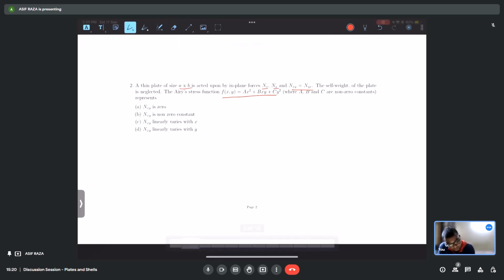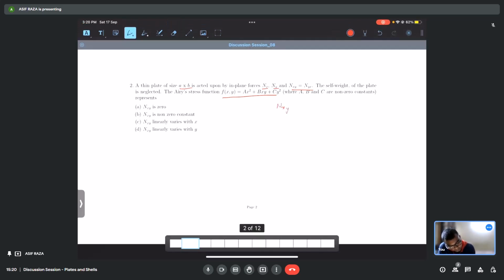We know Nxy is given by the relation tau xy times h, and tau xy is given by minus del square F by del x del y, which is equal to minus del square of (ax square plus bxy plus cy square) upon del x del y.